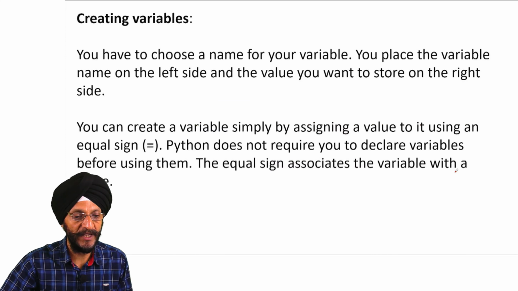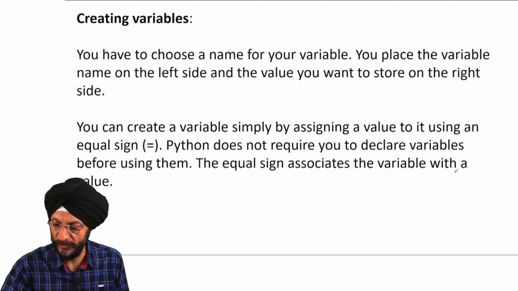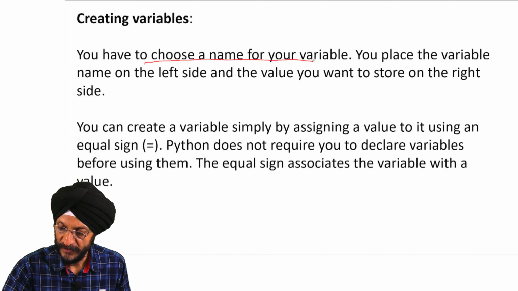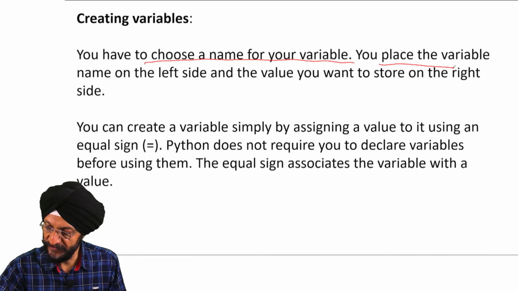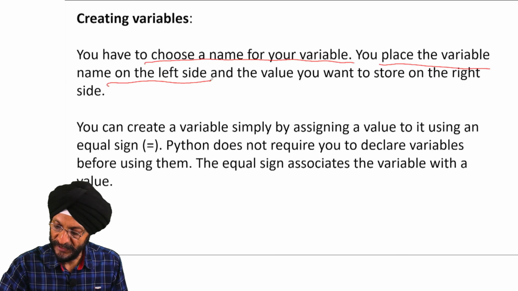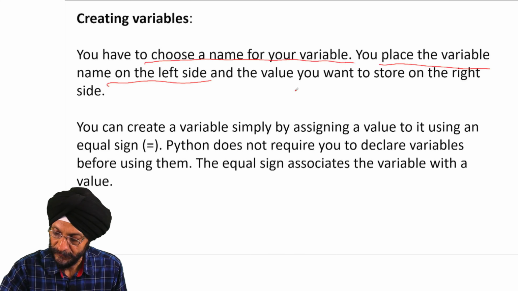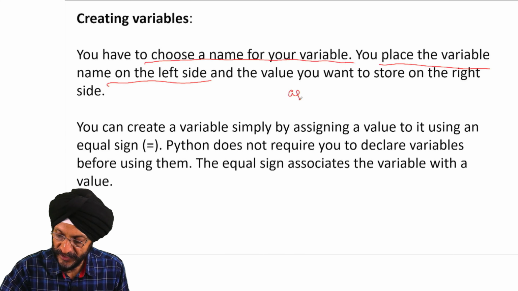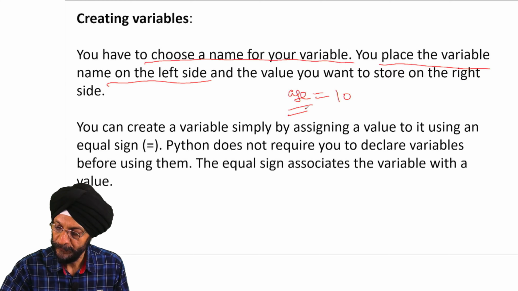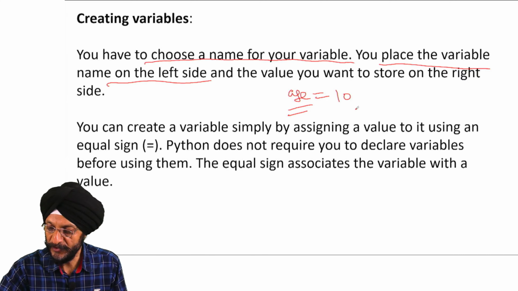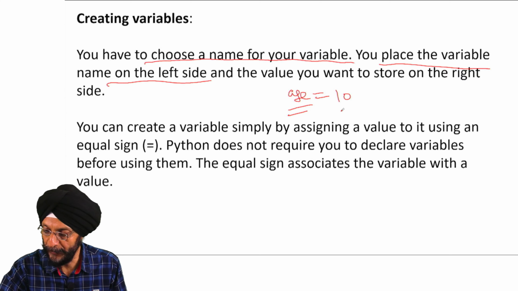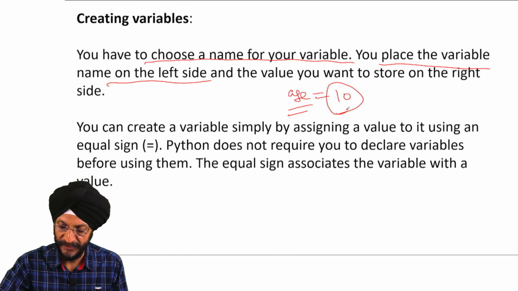Now how to create variables? You have to choose a name for your variable. You place the variable name on the left side, as you have seen earlier that while writing the age, we kept it on the left side and the value which we wanted to store was kept on the right-hand side.